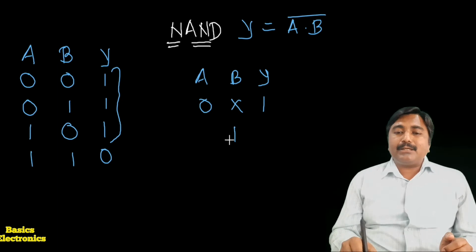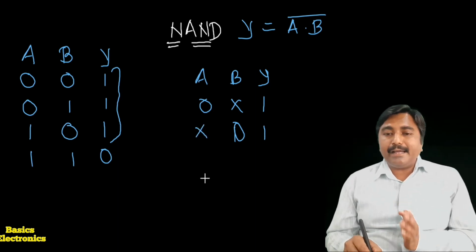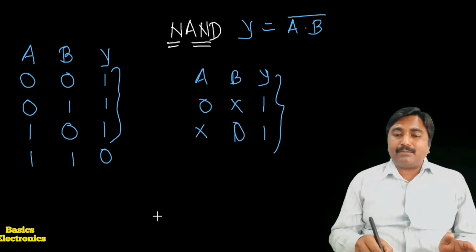If B is 0, output Y is 1, whatever the value of A.